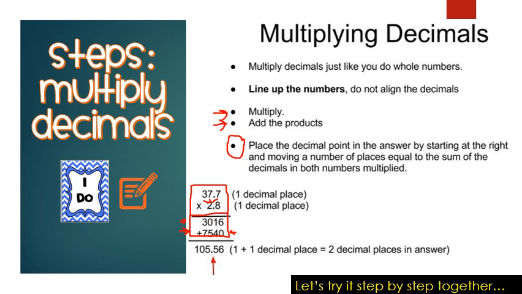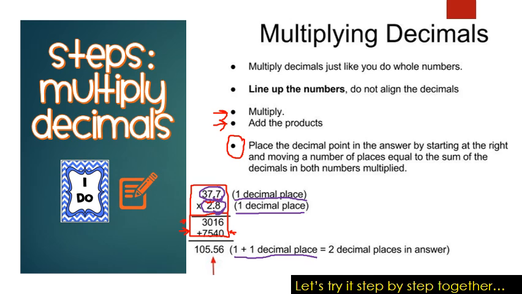If we look at our first number here, 37.7, that has 1 decimal place. See that? 1 decimal place, 1 number to the right of the decimal. And then if we look at our second number being multiplied, 2.8, there's also 1 decimal place. Only 1 number is to the right of that decimal point. Okay, so what that means is that we are going to add those together.